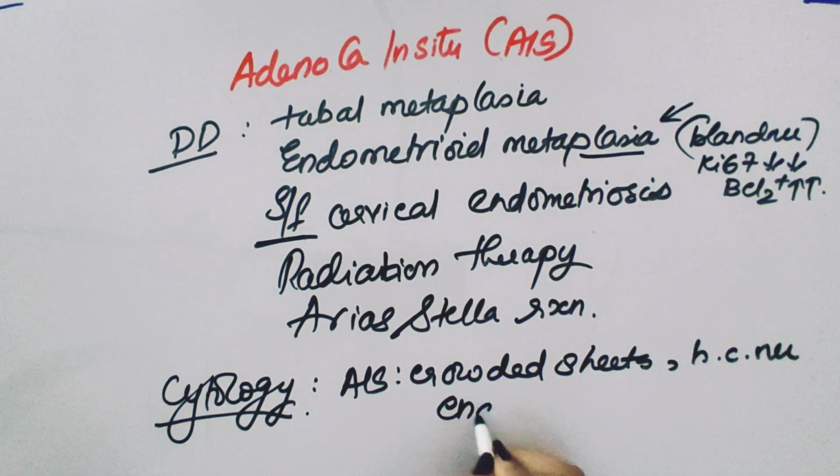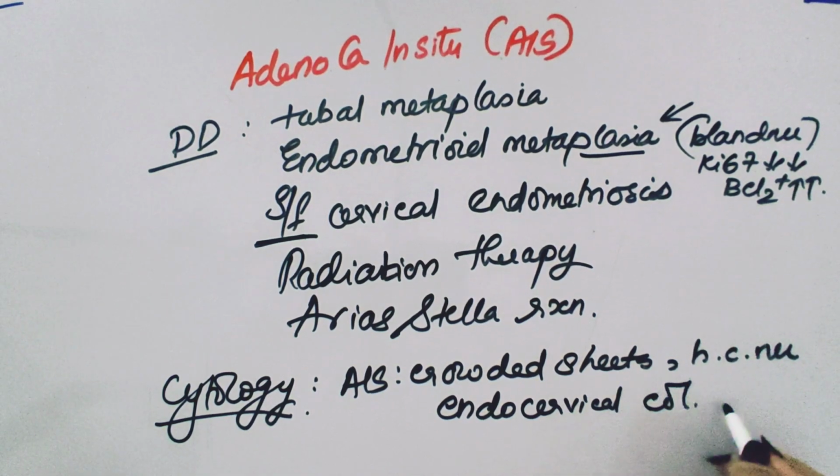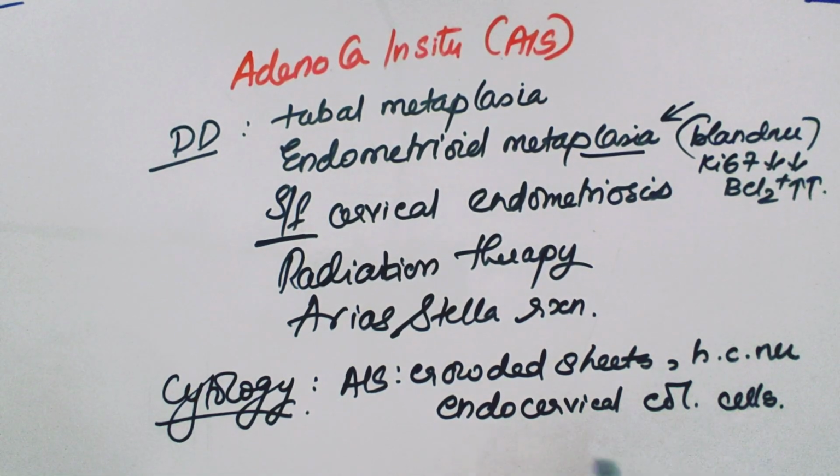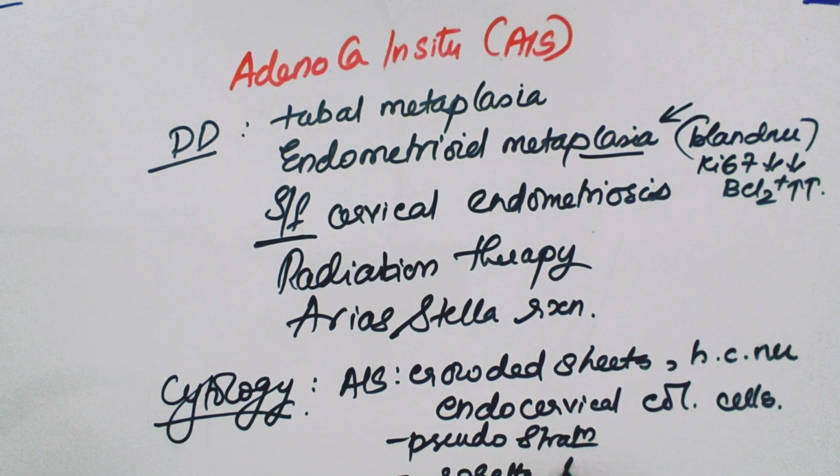And then the sheets will be composed of endocervical columnar cells, of course, and they will have pseudostratification, and rosette formation might be seen.